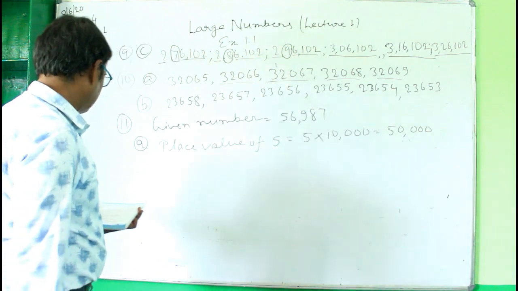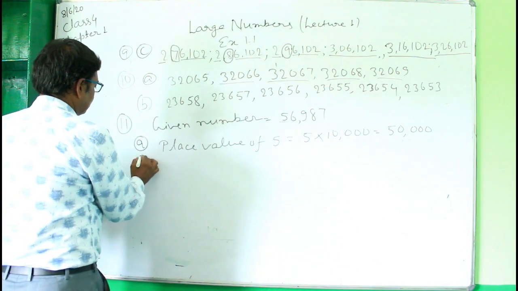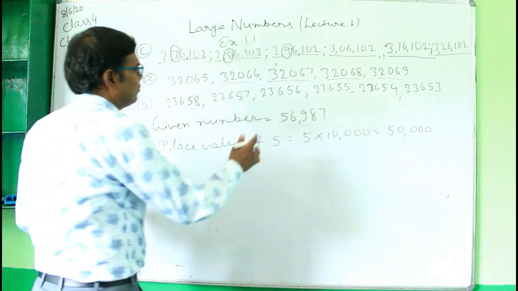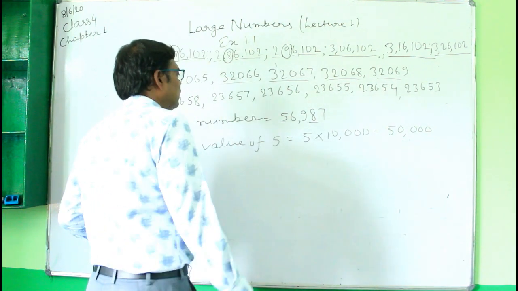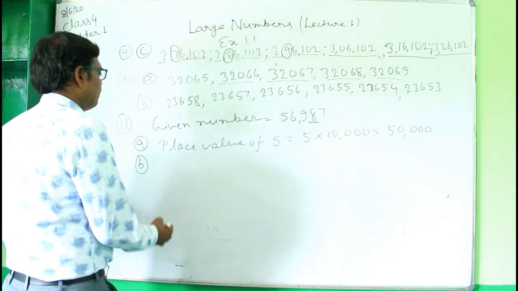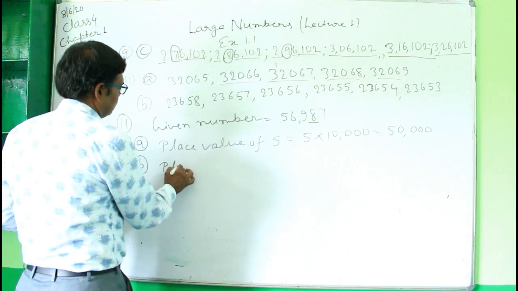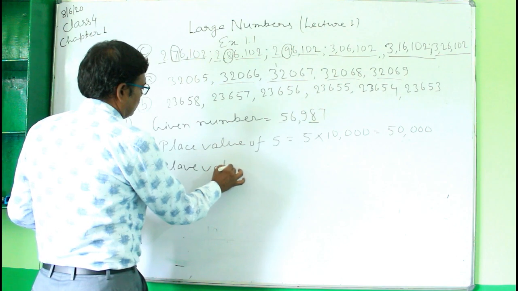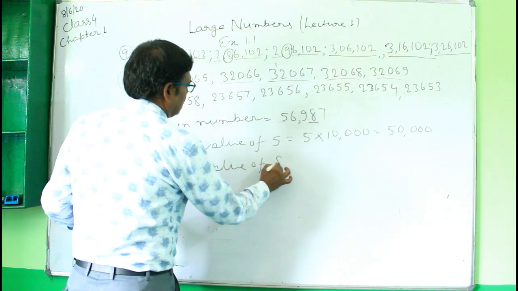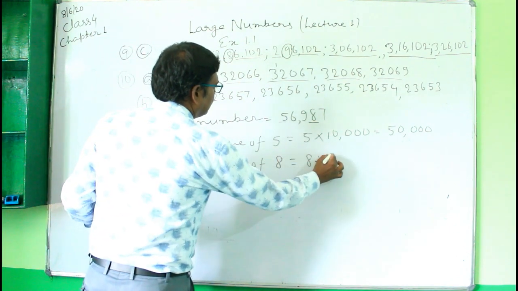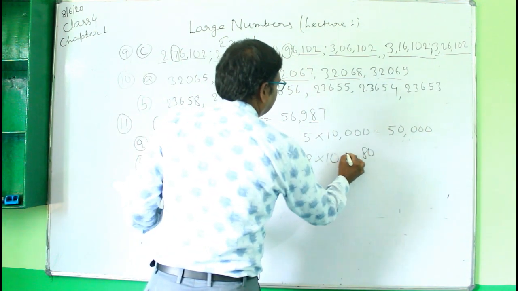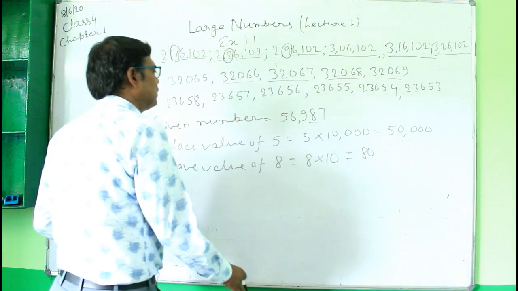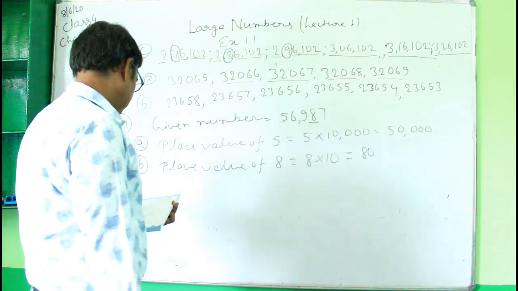And B is, write the place value of 8 in this number. Now see that 8 is at the tens place, then the place value of 8 equals 8 into 10, that is 80. So the place value of 8 in this number is 80.